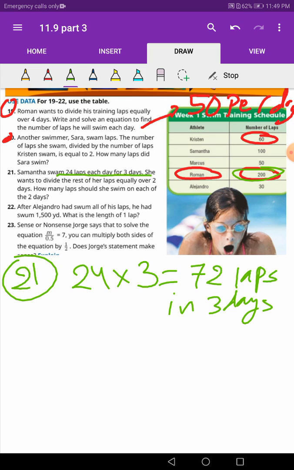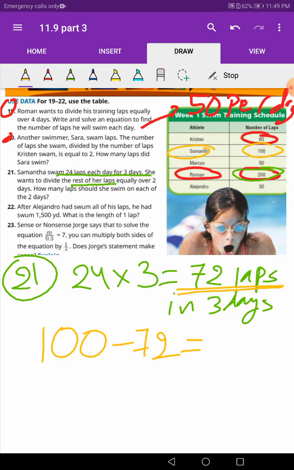Okay, let's proceed. She wants to divide the rest of her laps. How can I calculate the rest of her laps? Taking a look at this schedule, we see that Samantha swam a total of 100 laps. So 100 laps, and she already swam 72 laps in the first 3 days. So to get the rest, you need to subtract, right? So what's 100 minus 72?